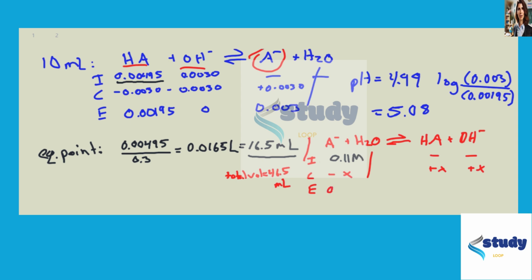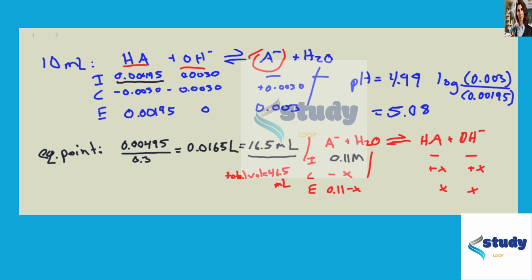Okay, so our equilibrium will be 0.11 minus x, and then x and x. So we get our Kb by dividing 1 times 10 to the minus 14 by the Ka.